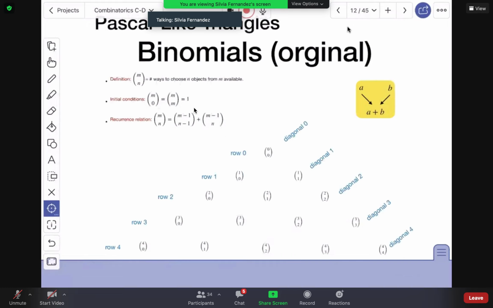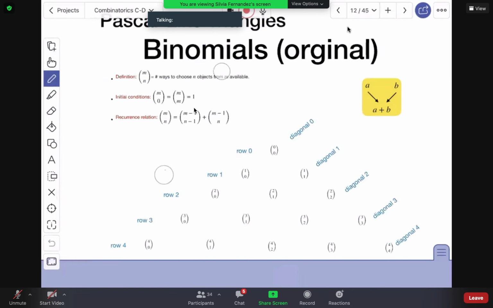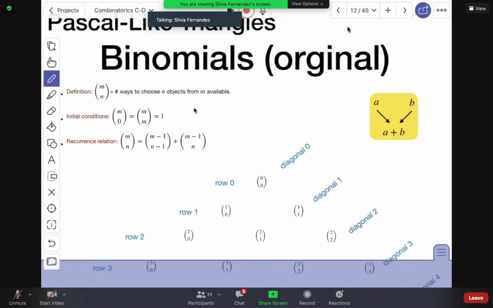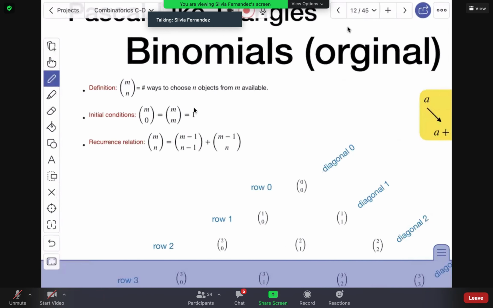The number of ways to choose n different elements out of m available is the same as, you make one element special. To explain this combinatorially, let's say that you are selecting objects from the set 1, 2, 3, 4, 5, all the way to m.